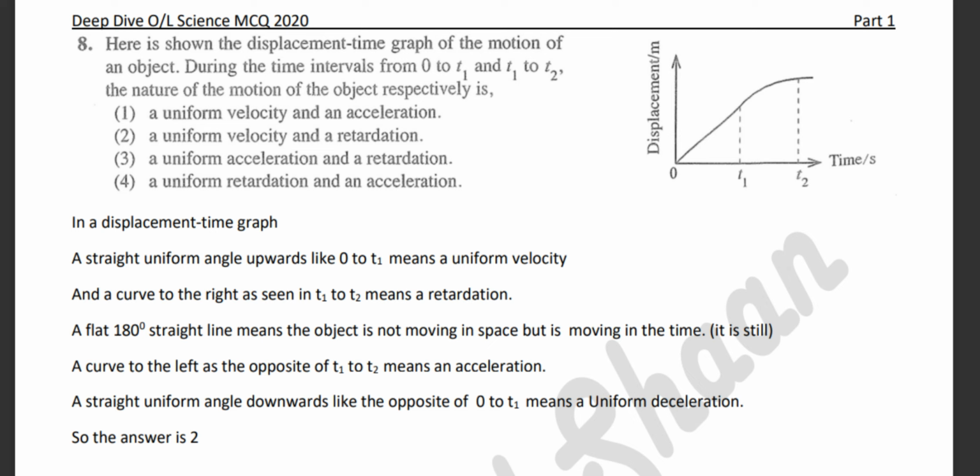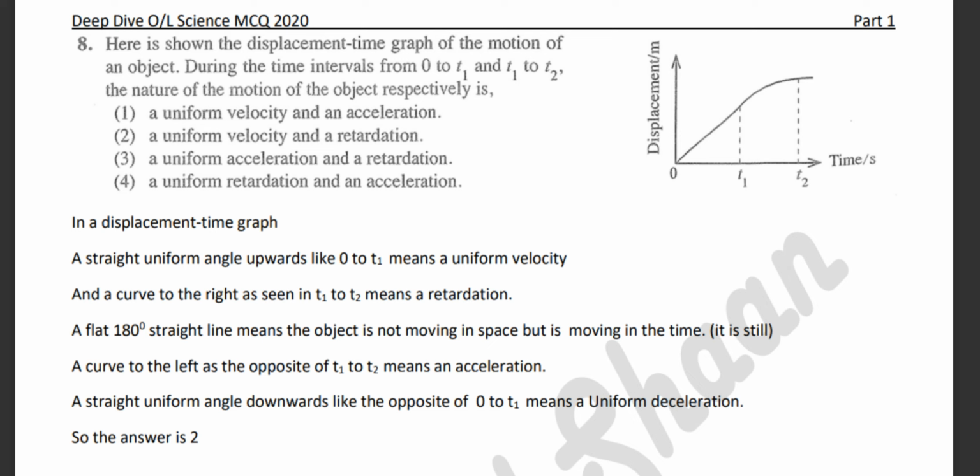And a curve to the right, as seen from t1 to t2, means a retardation. Retardation means it's slowing down. It went up to a point, then it made a right curve. If it's a left curve, where it curves in and goes up, that's an acceleration. A flat straight line in a displacement time graph means the object is not moving, it is still.